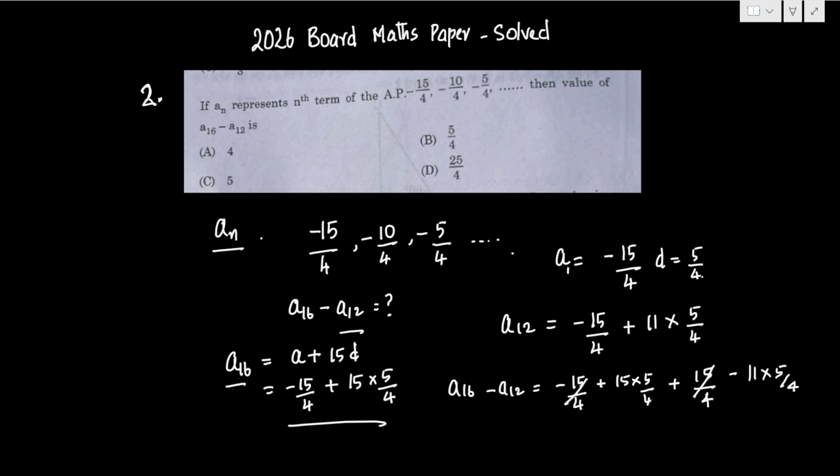These two will become 0. So 15 minus 11 into 5 by 4, which is 4 into 5 by 4, which is 5. The answer is 5. So the correct answer for this question is C, 5.